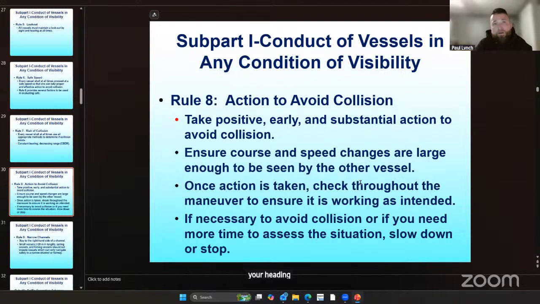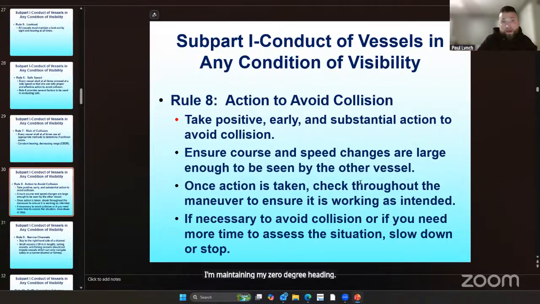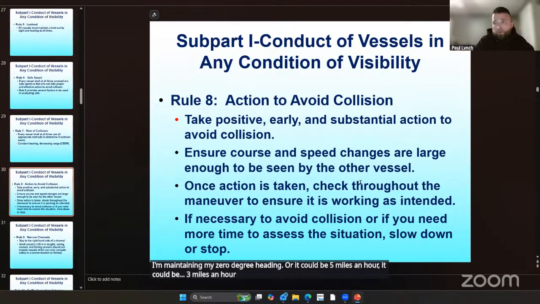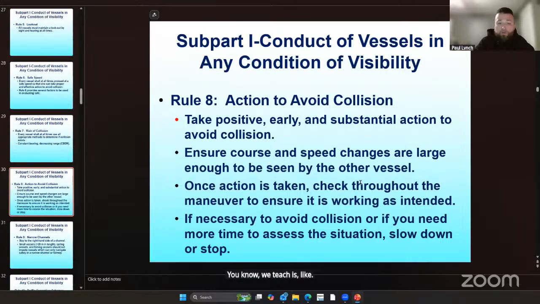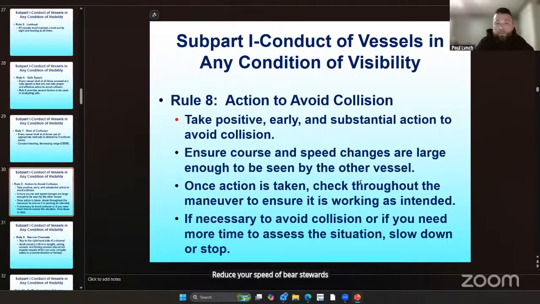So if I'm steering 0 degrees, bare steerage way could be in neutral, maintaining my 0 degree heading. Or it could be 5 miles an hour, or 3 miles an hour. But that's what we teach, especially on radar: if you're not sure of something, reduce your speed to bare steerage way and navigate with caution. Or just put the boat in neutral and let it go by if you're not sure.